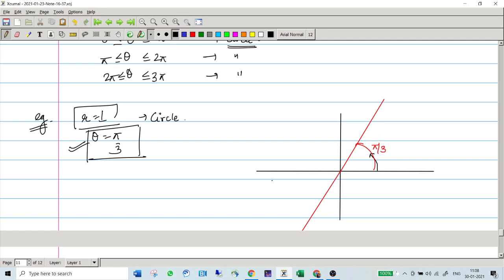So no matter whatever r you take, r can be 0, half, 1, 2, 3, r can be anything anywhere on this line. So the graph for this would be any (r, pi by 3). So the whole of this line will represent the graph for theta equal to pi by 3.